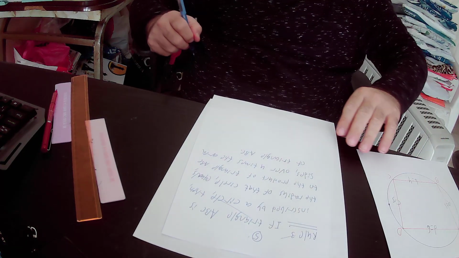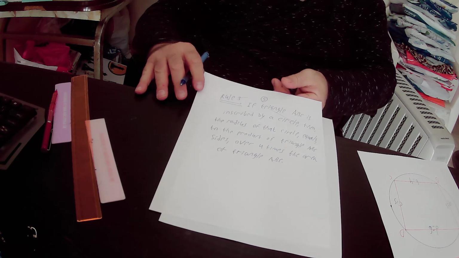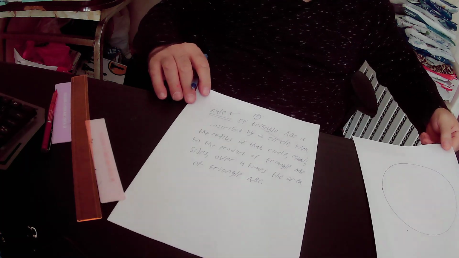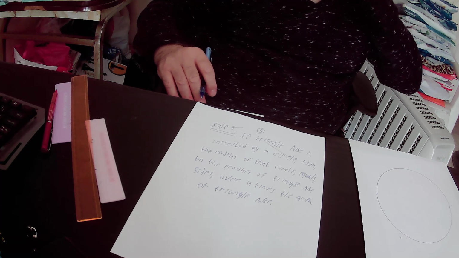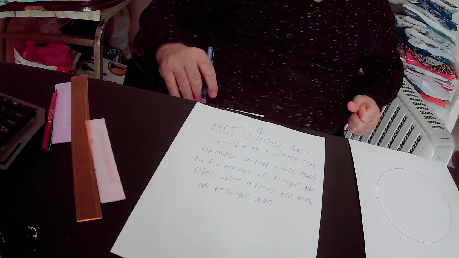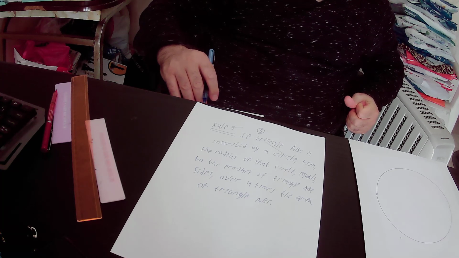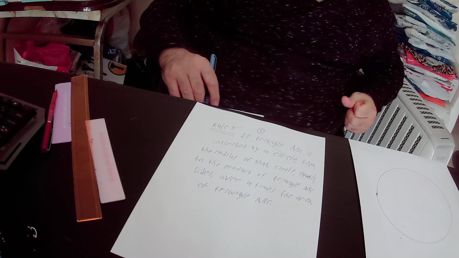I will read rule number 3 again. Rule number 3 states that if triangle ABC is inscribed by a circle, then the radius of that circle equals the product of triangle ABC sides over 4 times the area of triangle ABC.